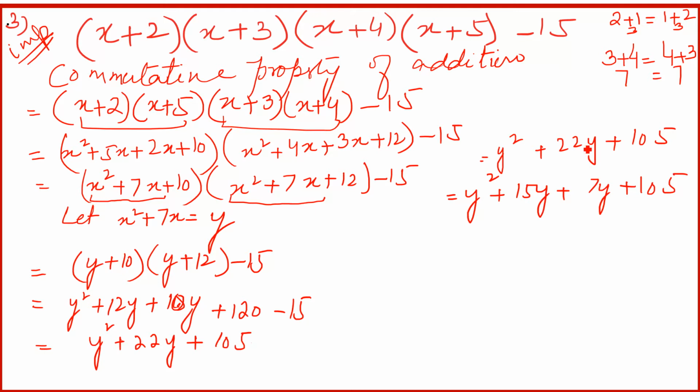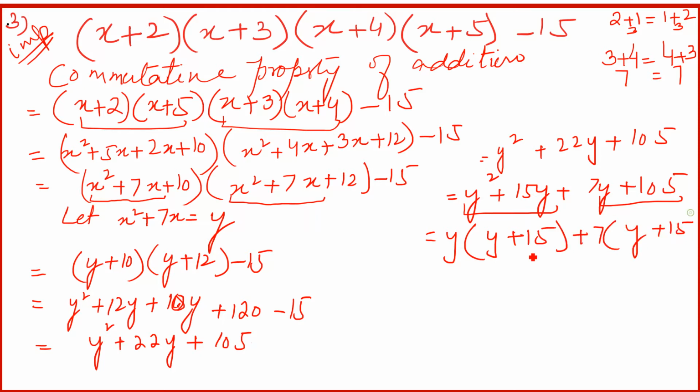See, 15 plus 7 is 22, and 15 times 7 is 105. So from here we will take common. Both the parentheses should be exactly the same, which they are. So we will take y plus 15 common one time. Here y is remaining, y plus 7, and this is our answer.